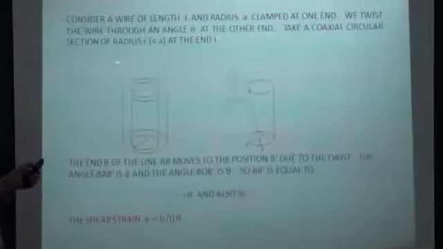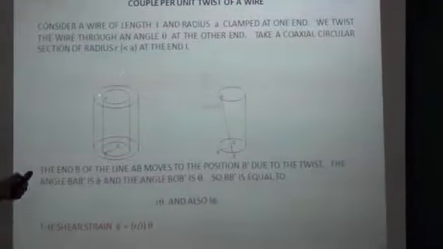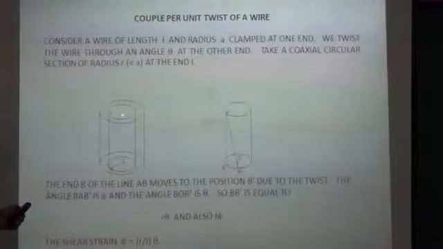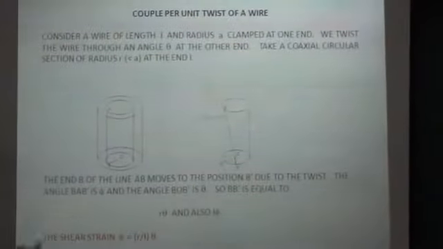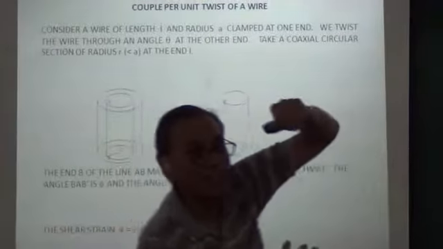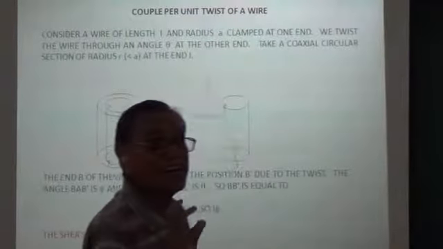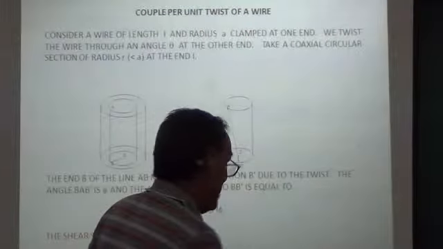The wire has a length L and a radius a. It is clamped at the top, and at the bottom I twist it through a small angle theta.